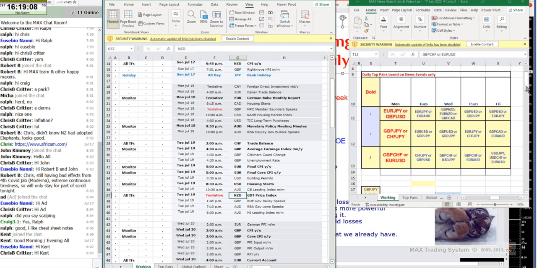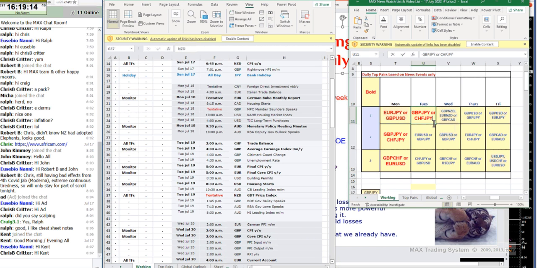So first choice, Swiss yen, pound Swiss. Then pound yen, euro yen. And then pound US dollar, euro US dollar.